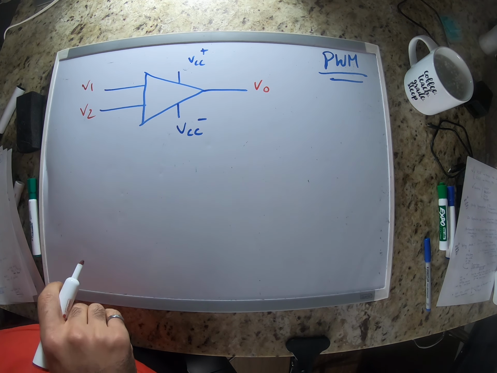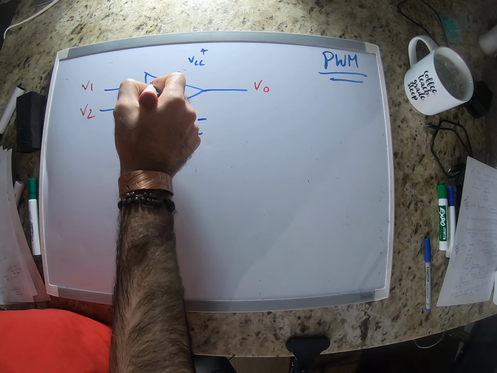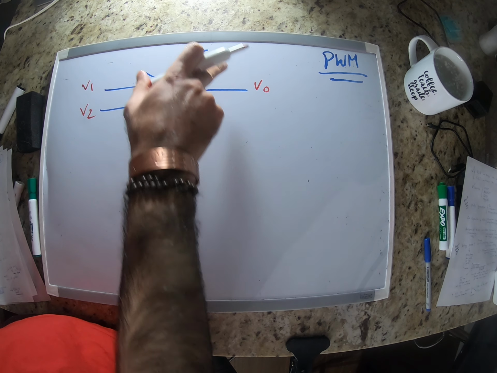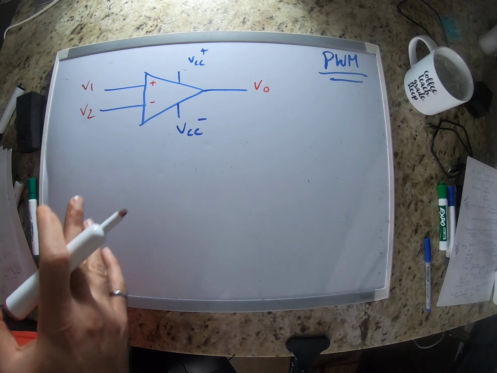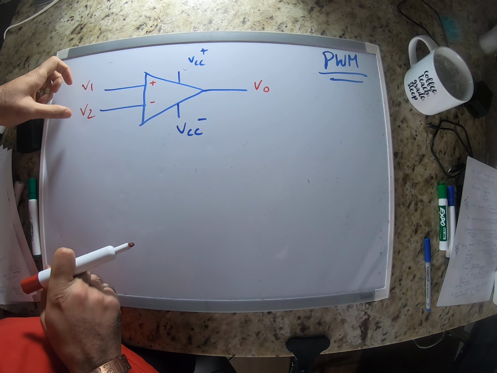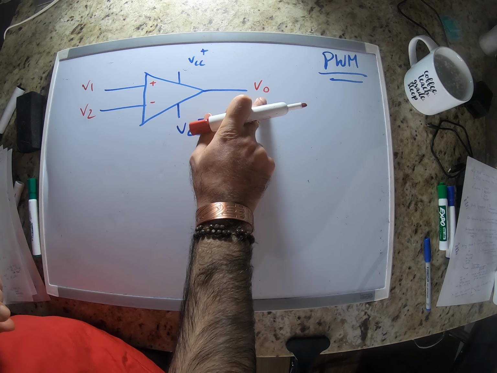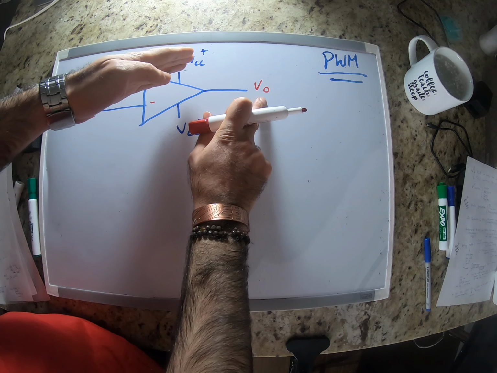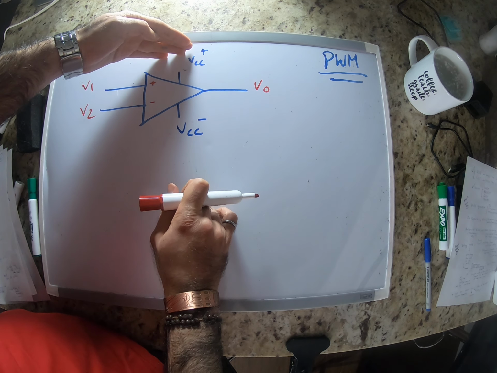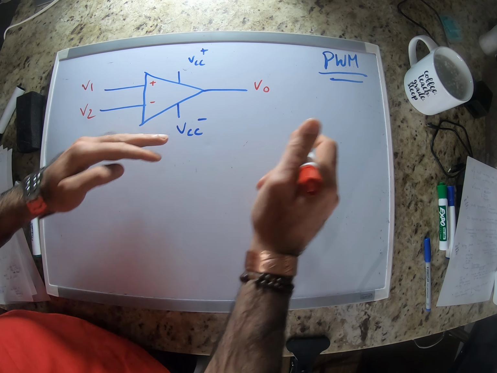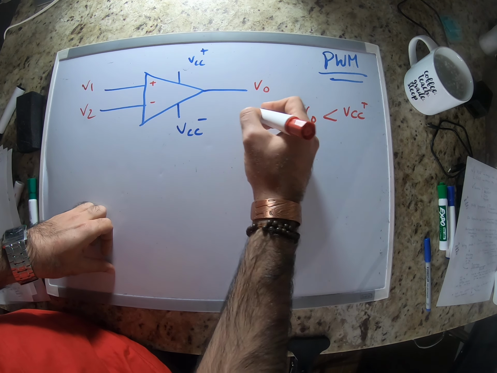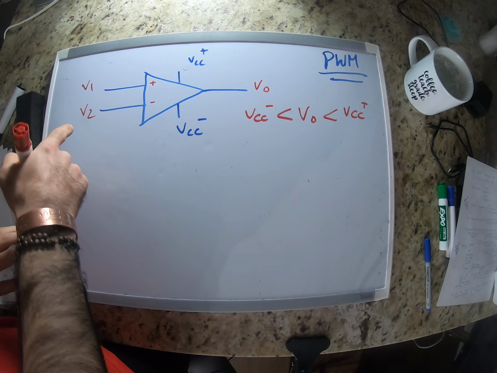If you use the op amp with open loop, or with positive feedback, then the op amp eventually saturates, right? Because any small change between V1 and V2 makes VO go either to plus infinity or negative infinity, and that's going to be cut out by these power supply limits, because V out is always between VCC plus and VCC negative.